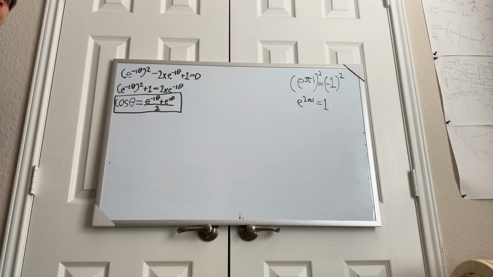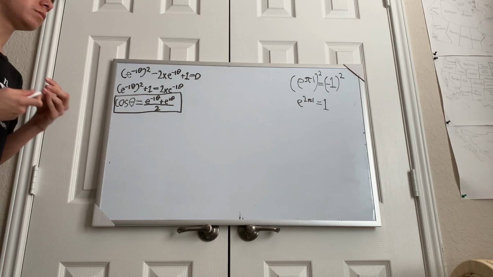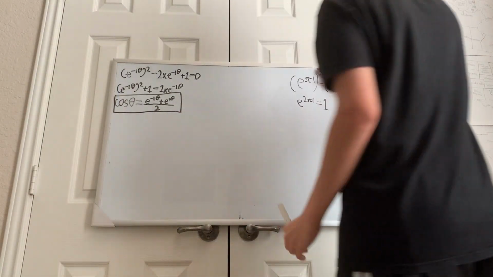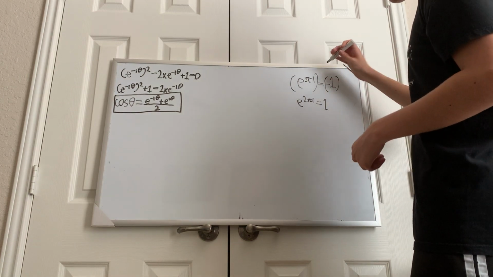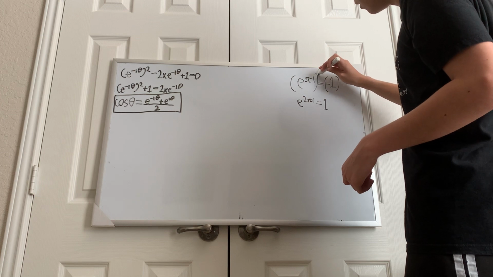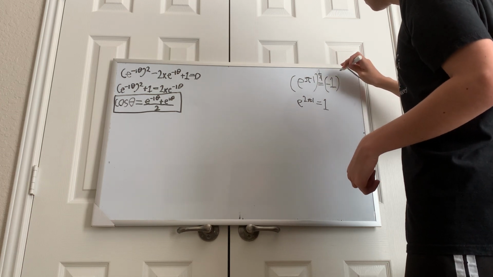However, you'll quickly notice that for values such as pi over 4, then you would have to bring this to the power of 1 over 4.